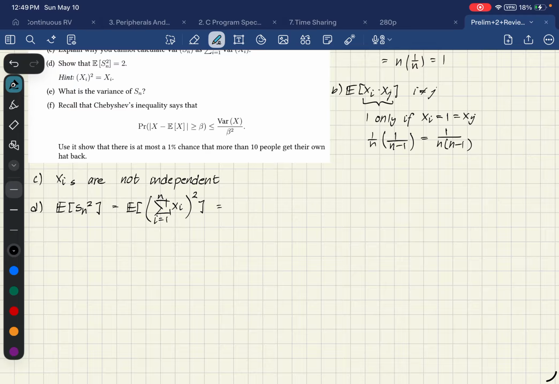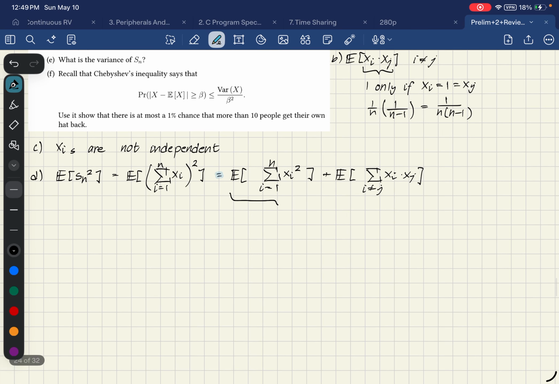Now, by expanding this sum, we know that there are going to be a bunch of terms that are just x sub i squared. And there are going to be some cross terms, x sub i times x sub j, where i is not equal to j.